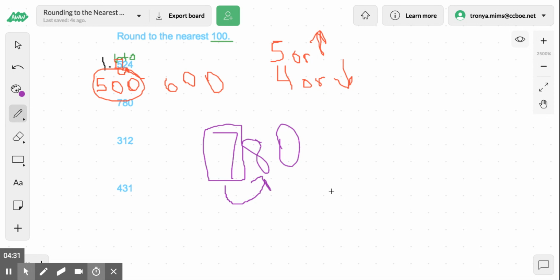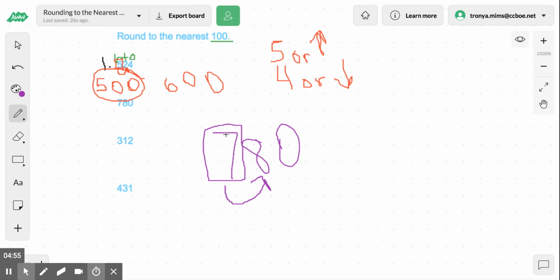So remember, our chant is if it's 5 or more, we're going to raise the score. If it's 4 or less, we're going to let it rest. So when we look at the digit that's lying in bed, is it 5 or more or 4 or less? Right beside it, it is 5 or more.